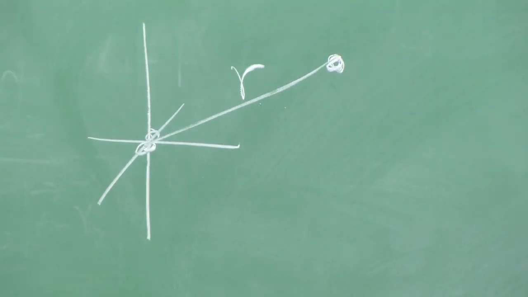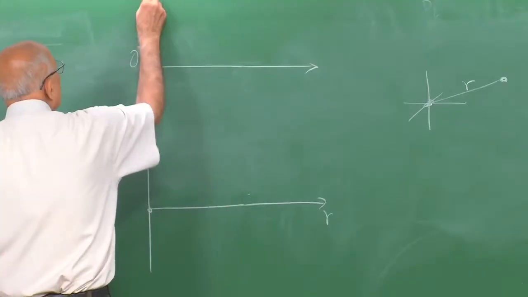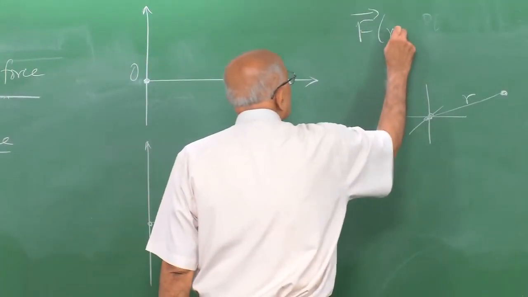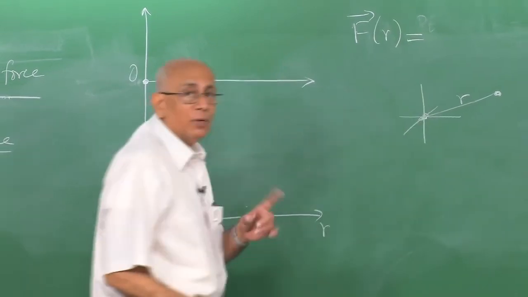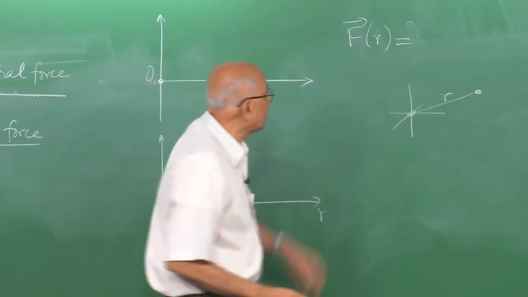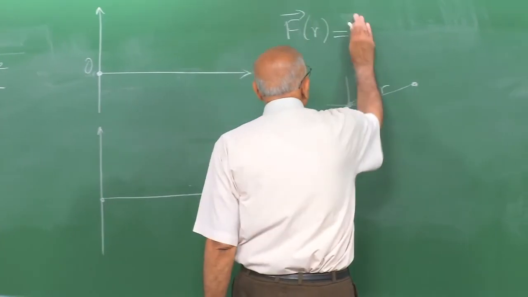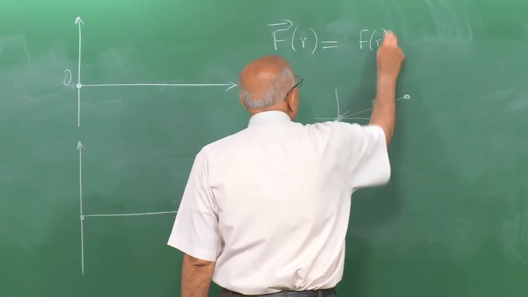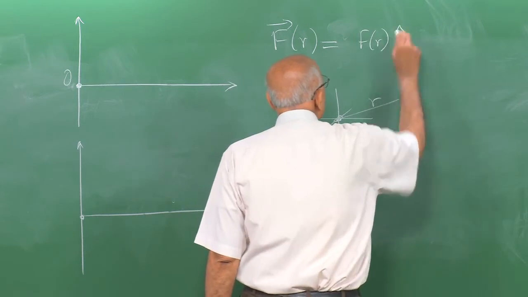It turns out that this force looks very generally like this. This force F of r, again it's a central force, one of them has been put away at the origin. The central force goes like some quantity F of r times E sub r.